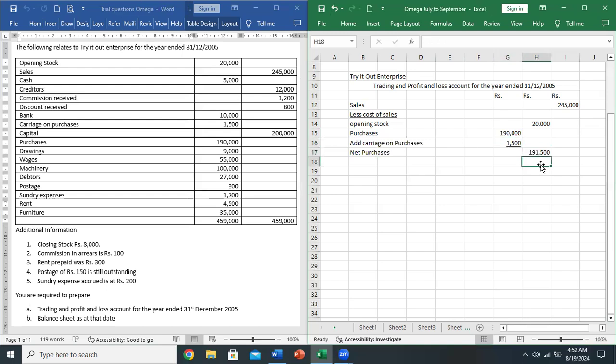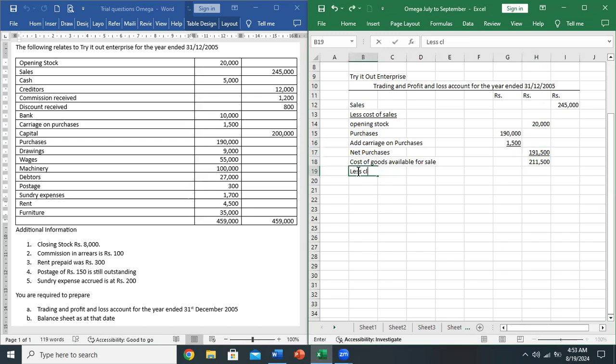Okay, good. So thank you, Prof. Frank. Prof. Sandra, can you continue for us? We have our net purchases, we have our opening stock. What do we do next and what do we get next? You add the opening stock and the net purchases to get the cost of goods available for sale. Thank you. So we add these two to get the cost of goods available for sale. Okay, so after that, what do we do next? Less closing stock.